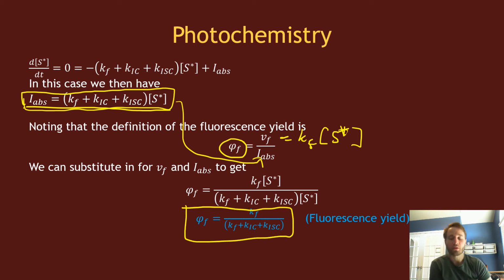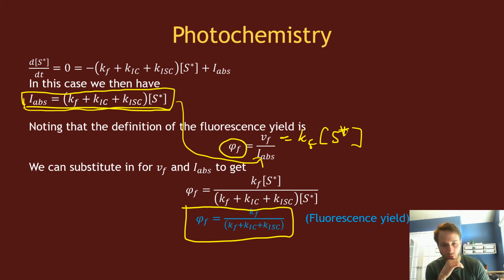If we recall, in class we did an example where we looked at the quantum yield of two competing first order reactions. We said the final yield of the reaction we care about is just the rate constant of that reaction divided by the sum of all the other rate constants. The same thing appears here. Because we have a bunch of first order competing reactions, the quantum yield for some event is just the rate constant of that event divided by the sum of all the rate constants.